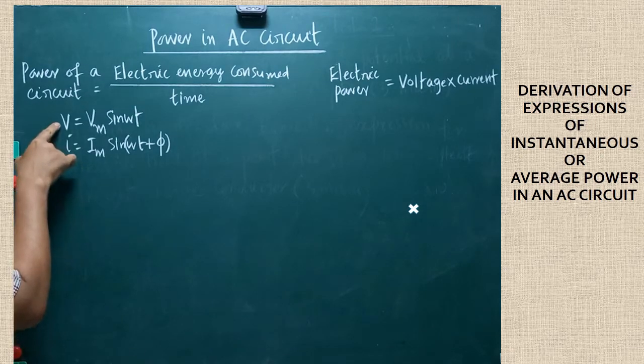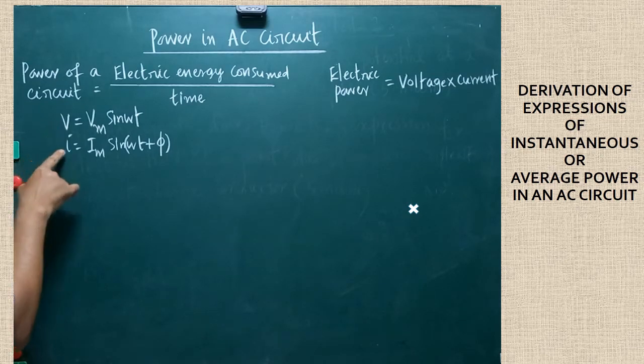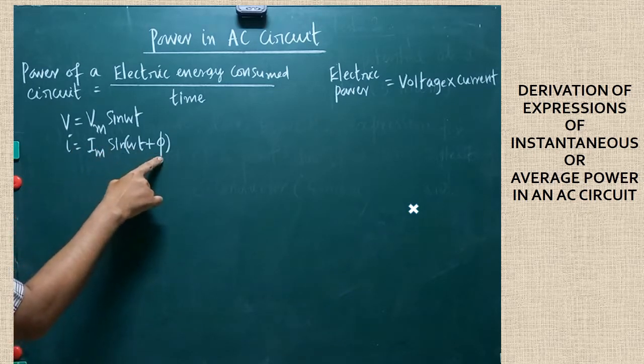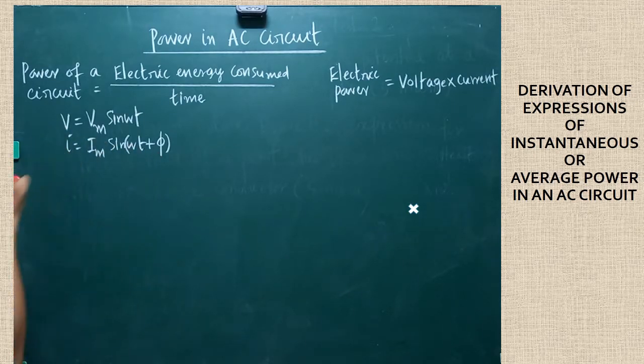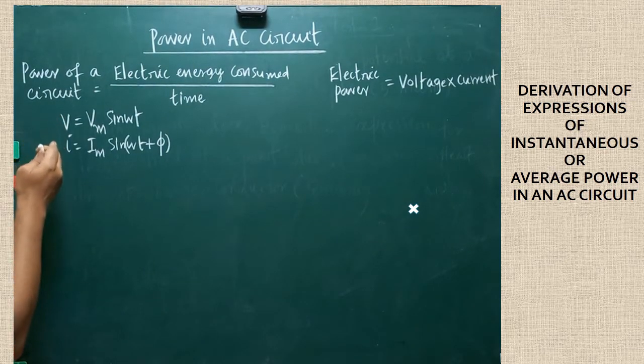Again I will repeat. This is the instantaneous voltage in the case of AC. This is called instantaneous current in the case of AC. What is phi? Phi is the phase difference between V and I. Since both are varying with respect to time, we have to call them instantaneous voltage and instantaneous current.